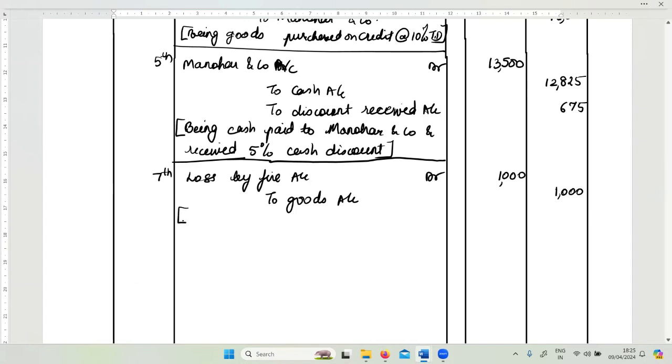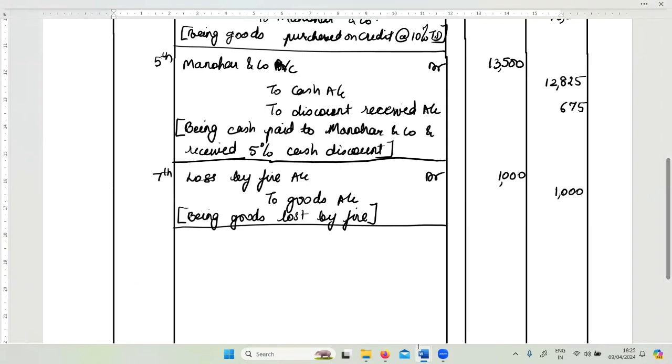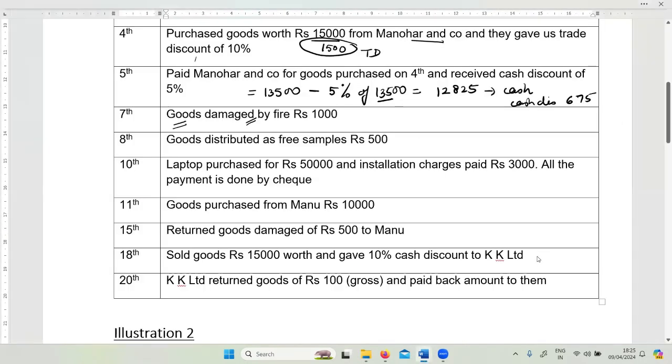And in brackets, I'm going to write here being goods lost by fire. Got it? So this is how the transaction will be closed. Goods lost by fire.